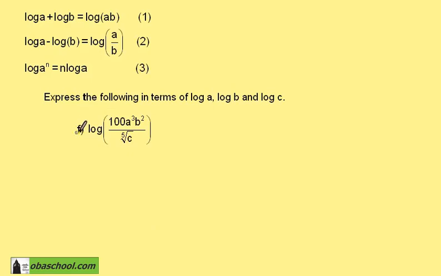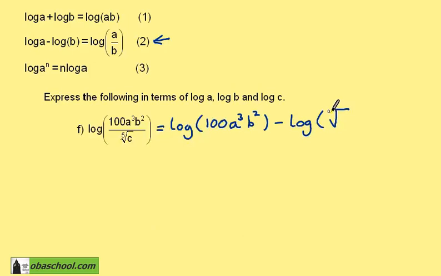As a final example, consider this one. It starts as a type 2, so we can split to log 100 times a cubed times b squared, take away log of the 5th root of c.